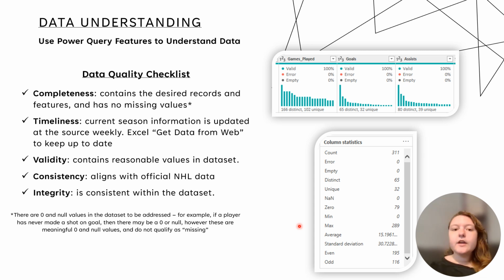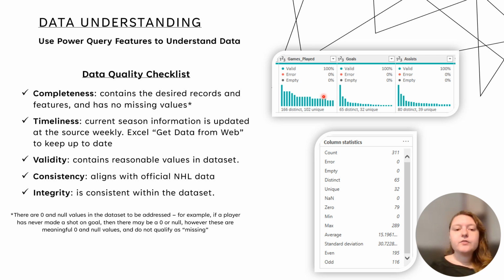I really like how Power Query lays that out because it really is just an at-a-glance view. You don't have to do a lot of work to get to that point. It just shows up when you use the Power Query Editor. So for our completeness, we don't have any errors, empties, or not-a-numbers in fields where we would expect there to be none.